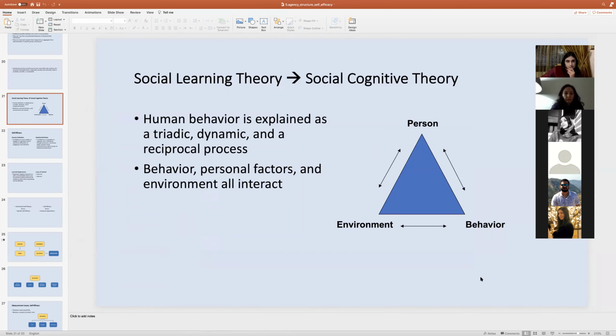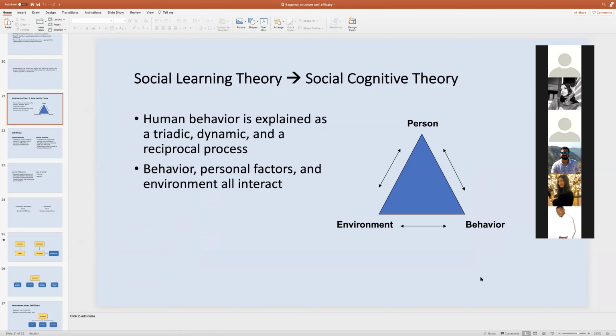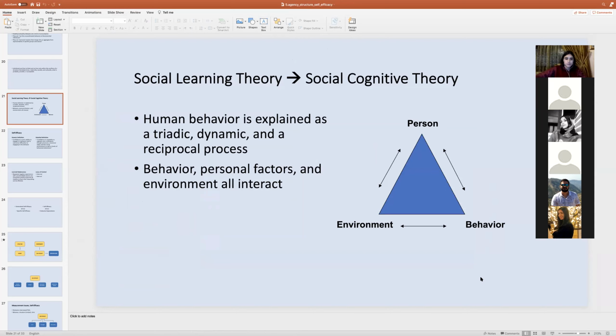Okay, so again, the social cognitive theory has its roots in the social learning theory, which comes out of education. It was built on extensive research on how children learn. Particularly, there's an experiment that was done on how children learn violence.